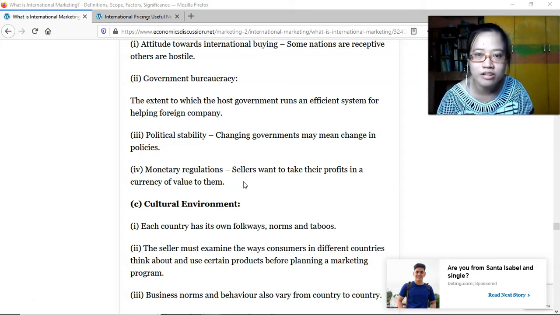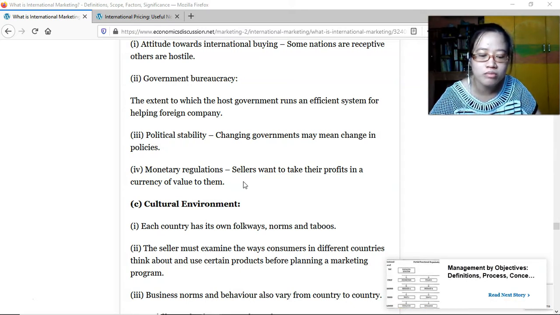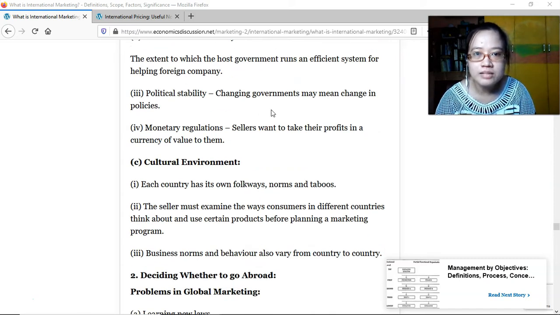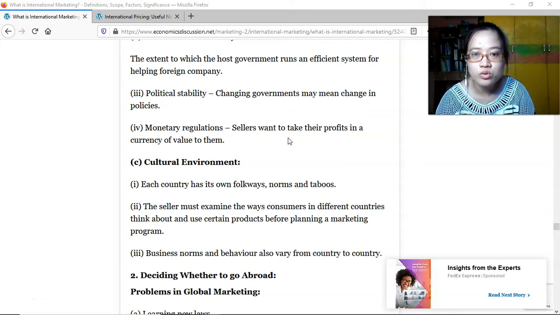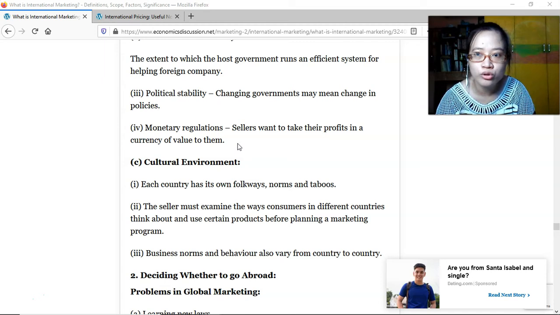So they have more lenient or much easier requirements, right? Political stability: changing governments may mean change in policies. Monetary regulations: sellers want to take their profits in a currency of value to them. So, convertibility normally into USD.